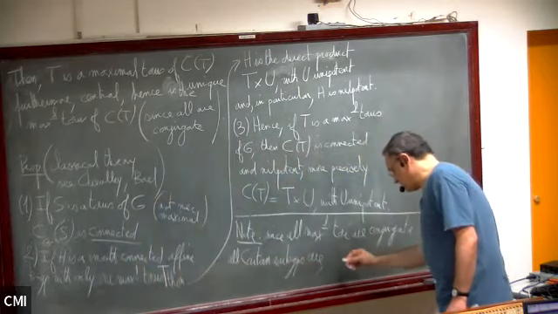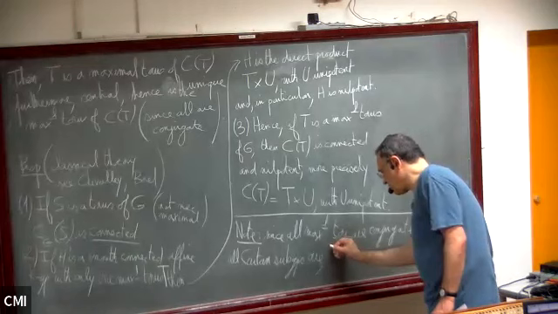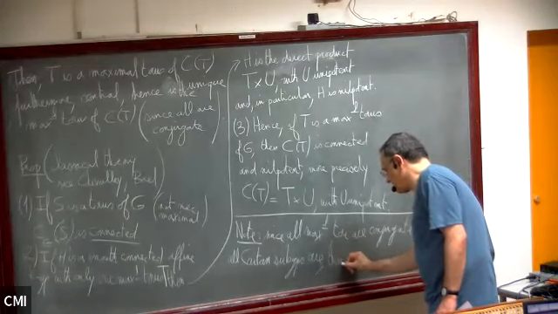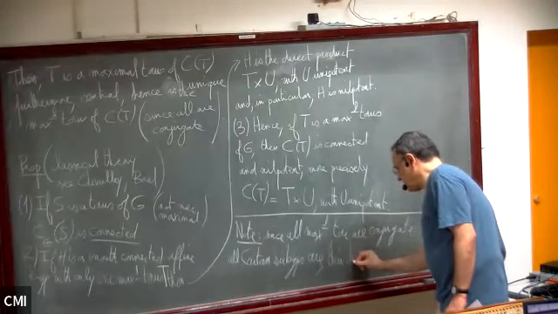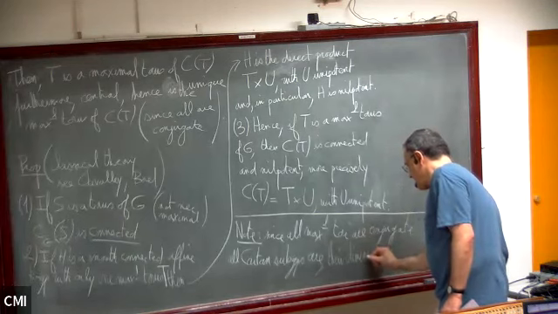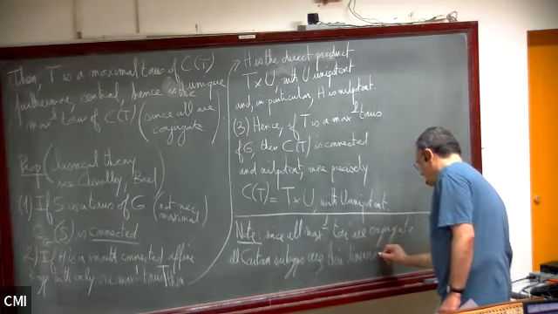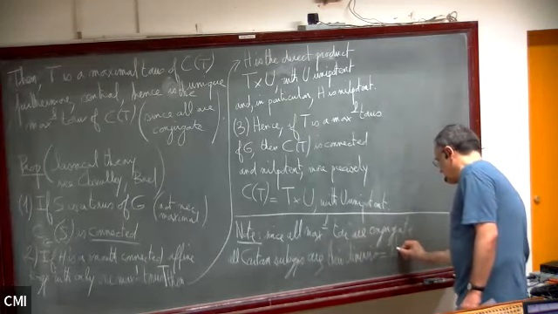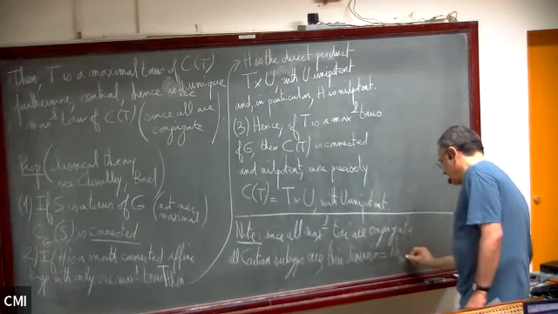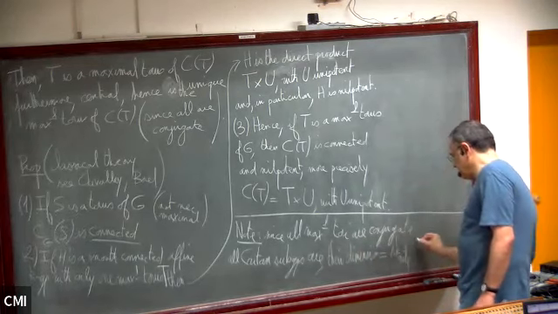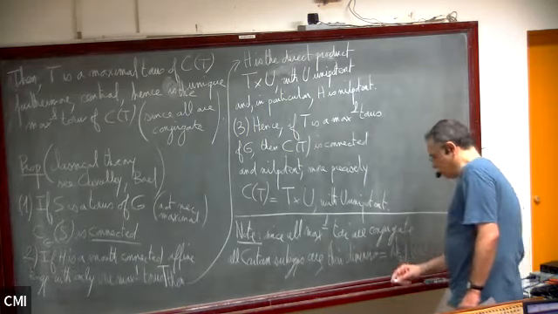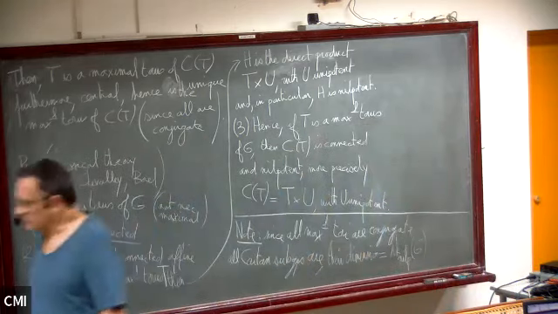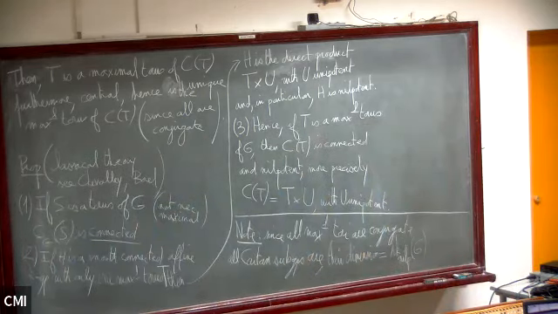And their common dimension is called by Grothendieck the nilpotent rank. Okay, so so far so good.